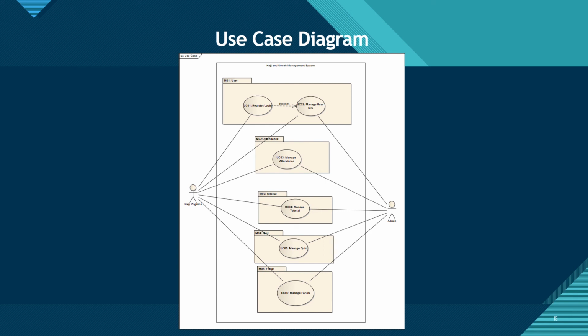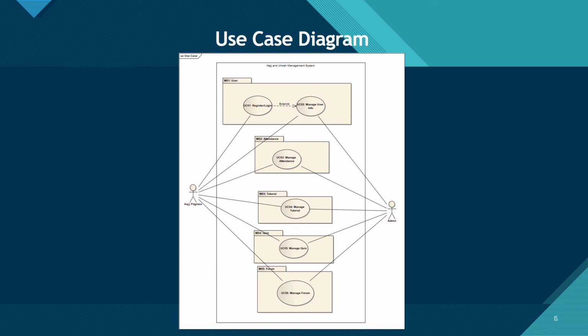Use case 5 is manage quiz, in module 4, which is quiz. The prospective pilgrim can attempt the quiz. There are 3 levels of quiz: level 1, level 2, and level 3. The prospective pilgrim can attend the quiz and the admin can view the record and the quiz score.